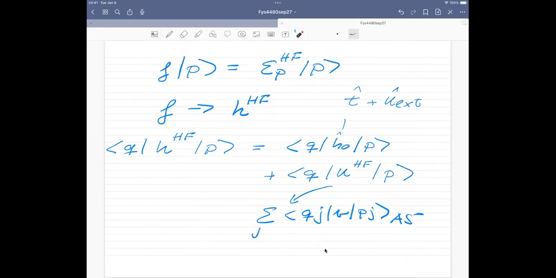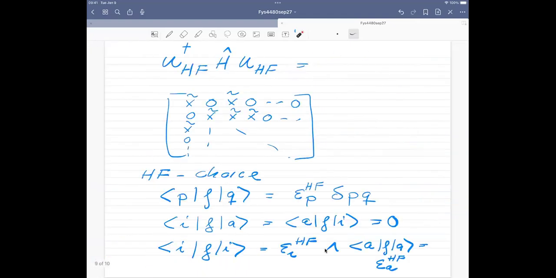Before the break, what we did then was to take a step back and look at the connection with FCI. And in FCI, you could now think of this as finding a similarity transformation, which zeroes out the coupling between the ground state ansatz and all one particle, one hole excitations.